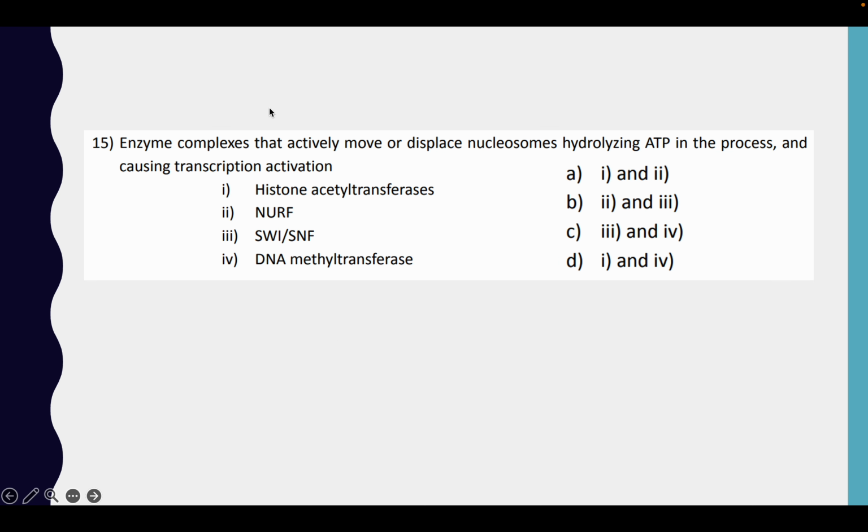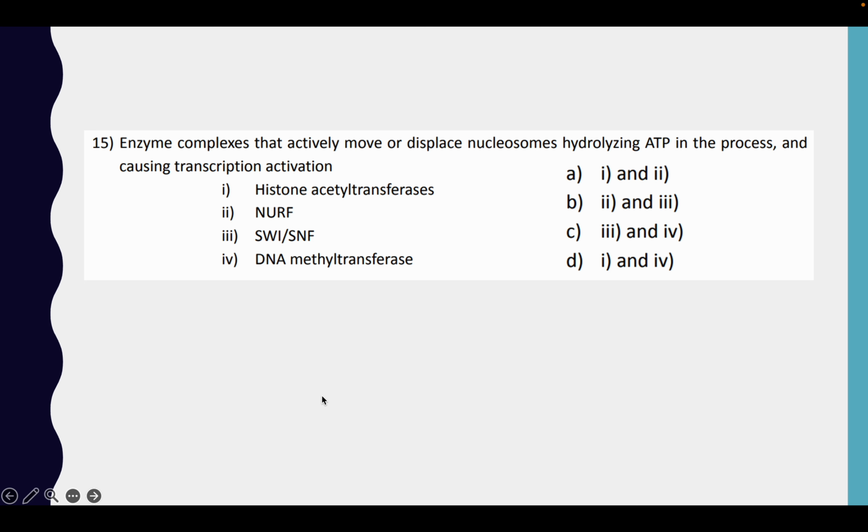Both of these have the same function: these enzyme complexes actively move or displace nucleosome, hydrolyzing ATP and causing transcription activation. So the correct answer is B, not A.